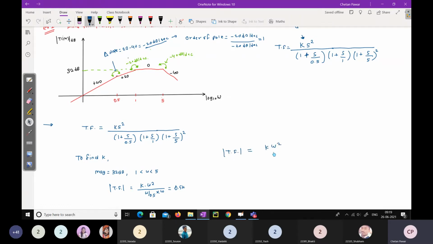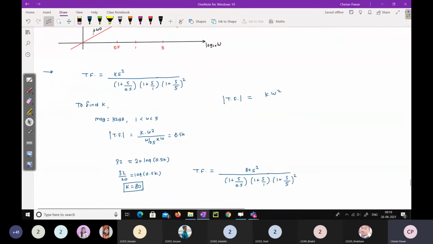That will be K omega squared, over 1 plus (omega by 0.5) squared, times 1 plus omega squared, times 1 plus (omega by 5) squared, and the whole thing under a square root.